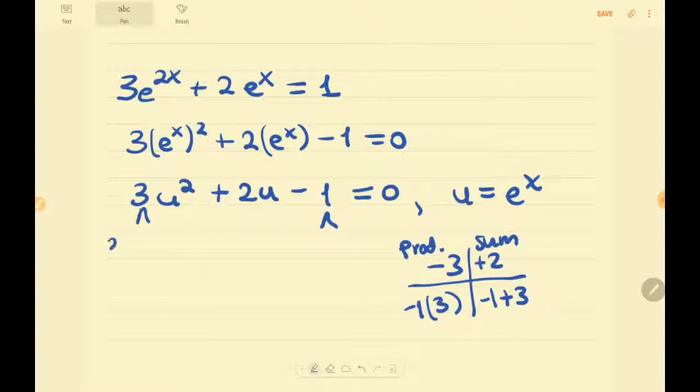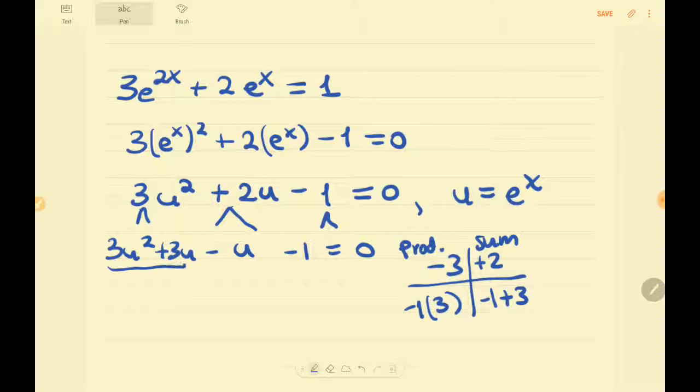So I'm going to do 3u squared, negative 1. So I left the two end terms the same, and I'm going to expand this, rewrite it as a sum of positive 3u and minus 1u. Then I can factor out common factors from each pairing.